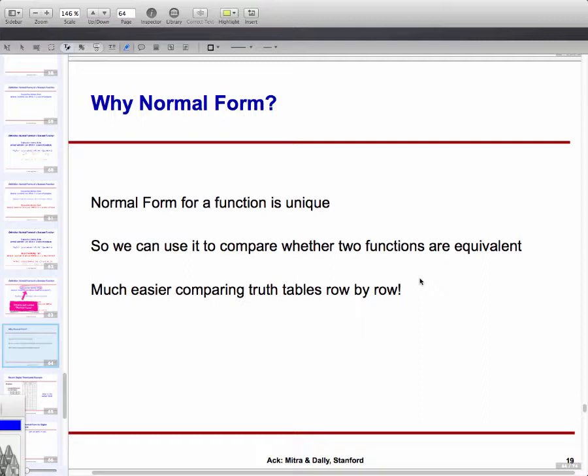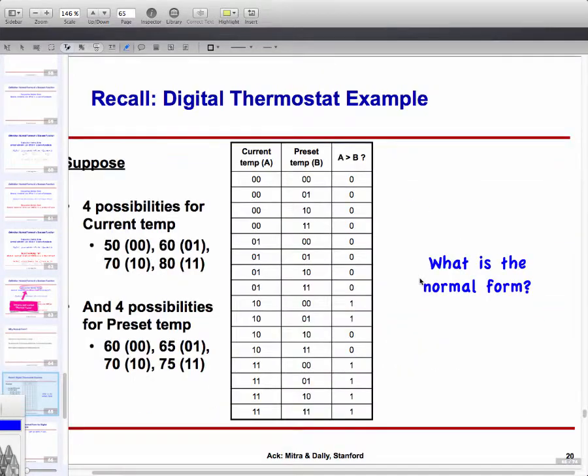If they use exactly the same set of minterms, then they are equal. Otherwise, the two functions are different. So normal form is unique. Normal form makes it easy to compare whether two functions are equal or not. And this is easier than trying to compare the tables. So that's the logic out here.